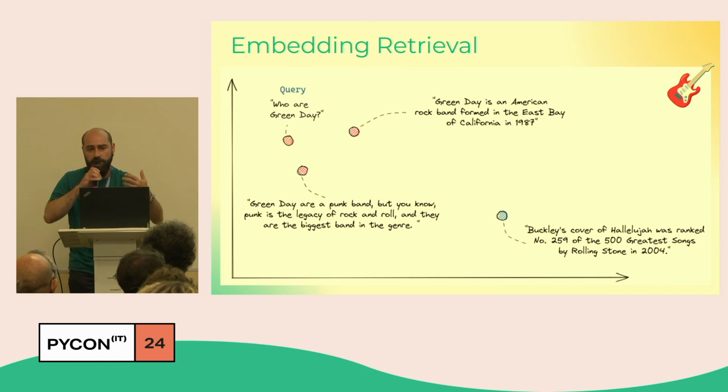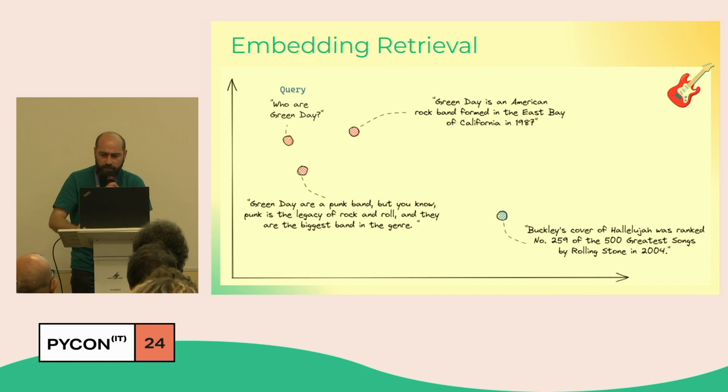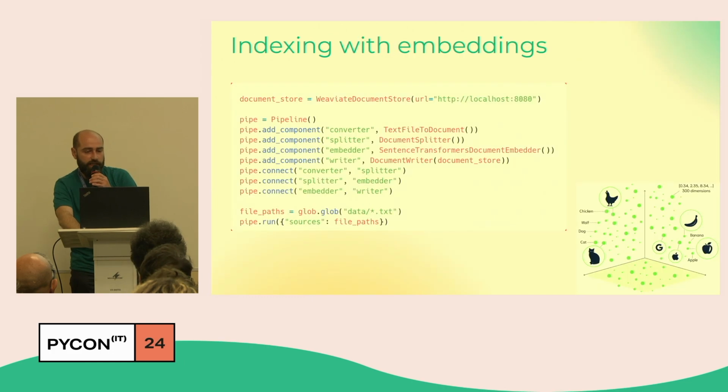And so at retrieval time, probably the documents that are closer to the query are retrieved. So in this case, probably the documents about Green Day are retrieved, and the one about Jeff Buckley is discarded. Let's see this in action in Haystack.